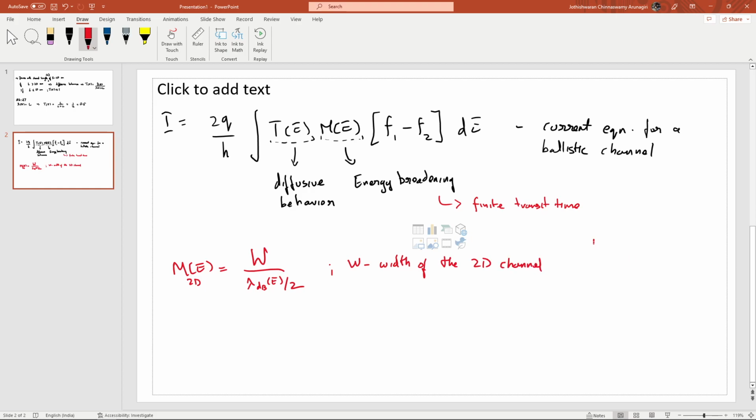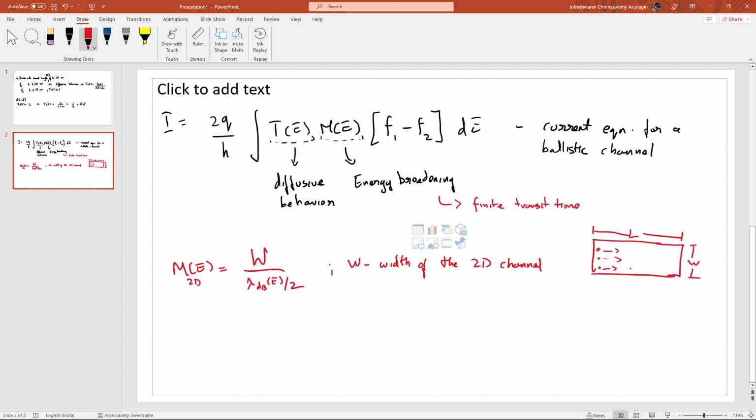Essentially, we have a 2D channel like this with width W and length L, and electrons move along this direction.